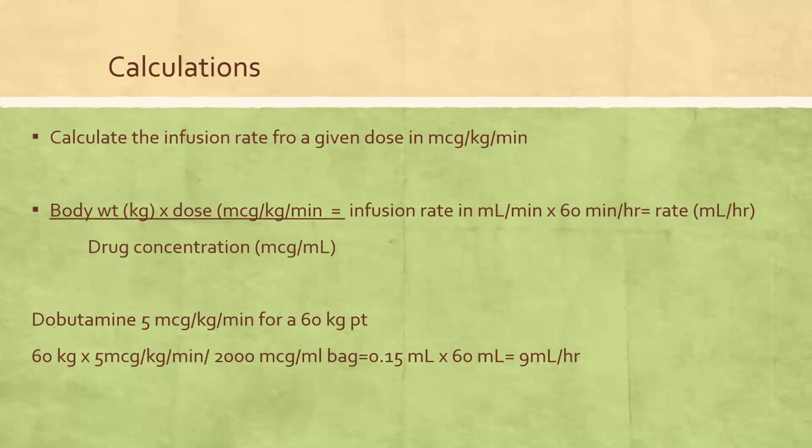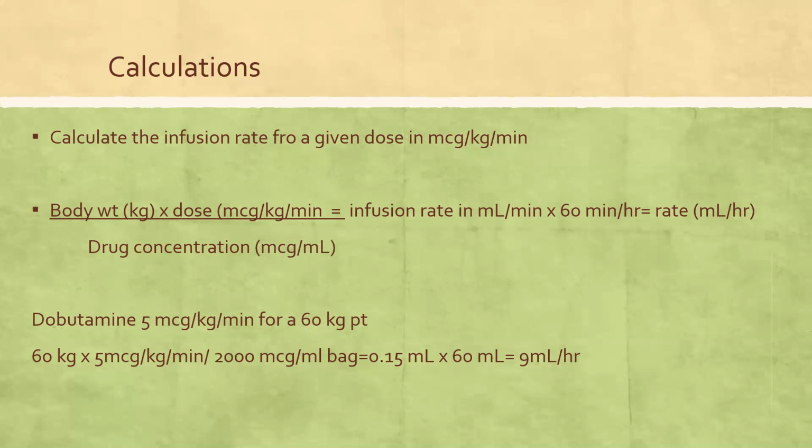For the dobutamine, it's 2,000 micrograms per mil in the bag as mixed. That's going to give us 0.15 mils per minute.